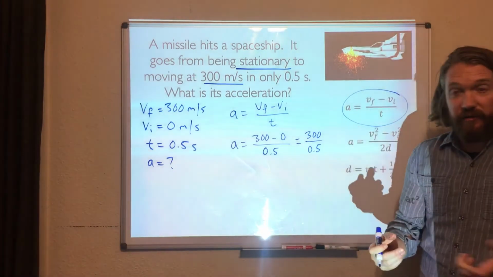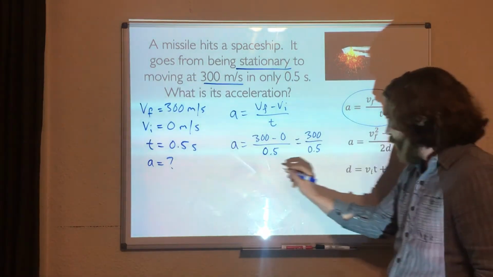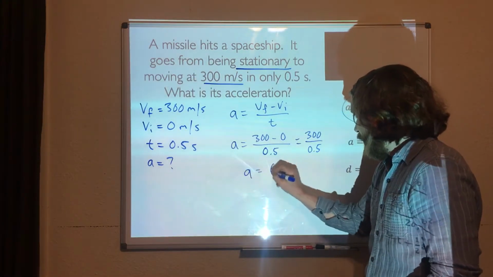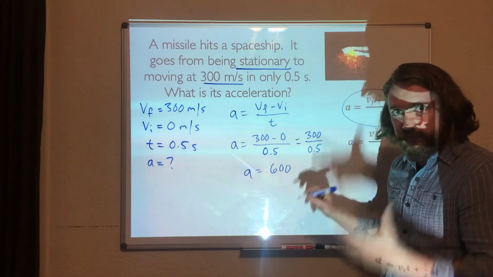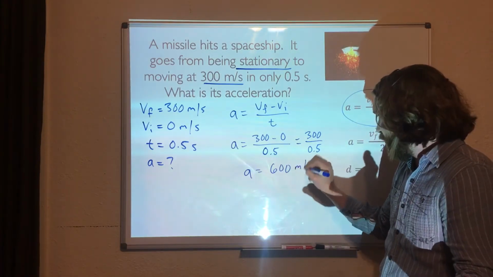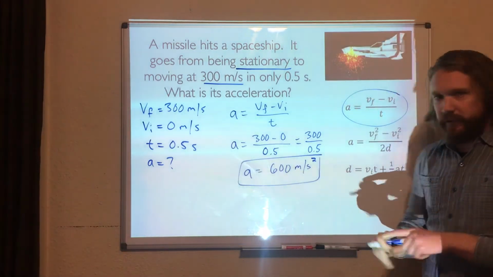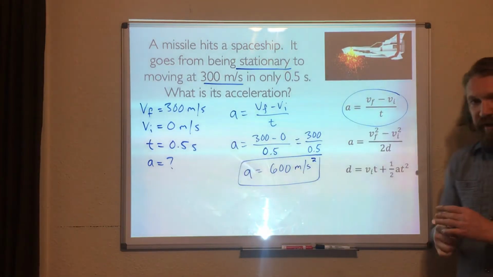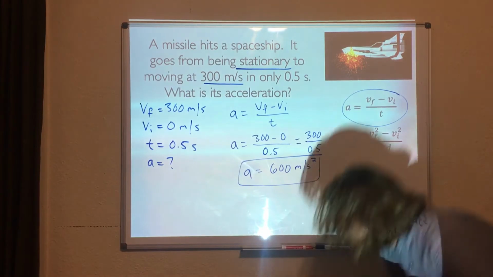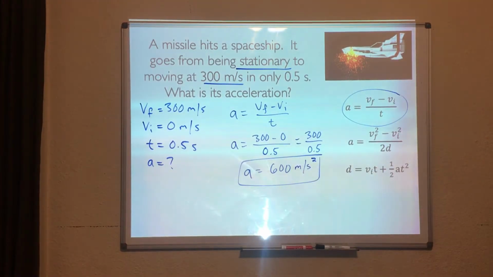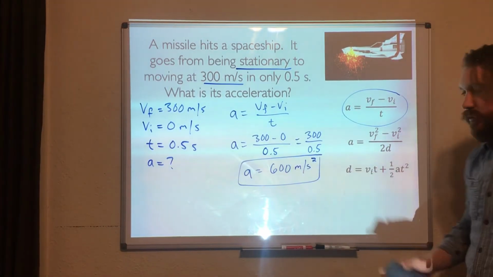Get your calculator out. 300 divided by 0.5 gives me an acceleration of 600, and my units, meters per second squared. Boom. Textbook acceleration equation. All right? Take a second. Good? Good.